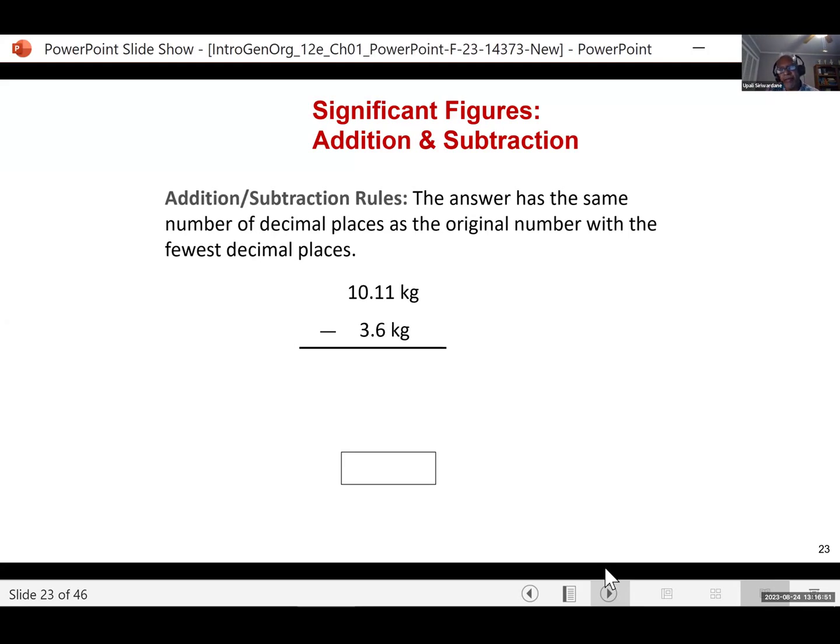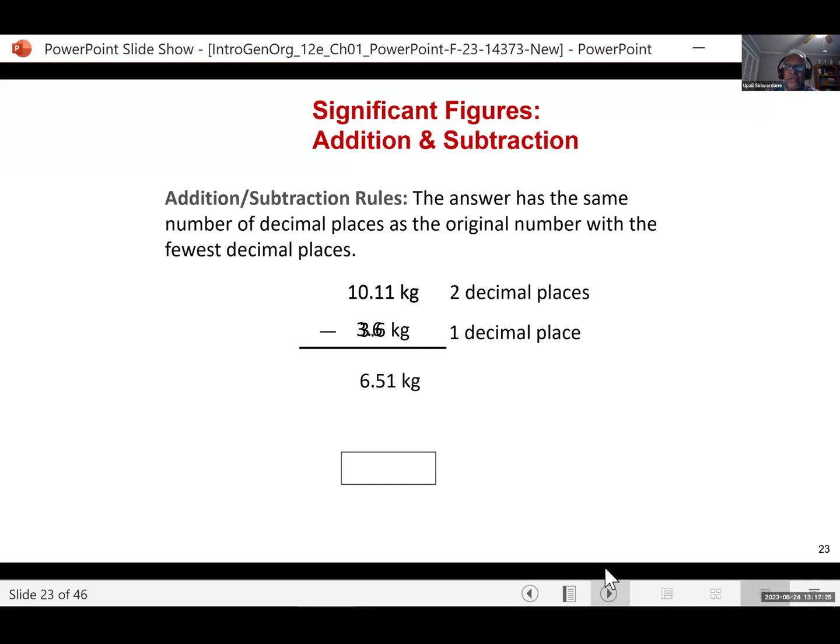So the first decimal place is the one that added or subtracted numbers should be rounded off to. When you put that in the calculator and get the answer, you get 6.51.